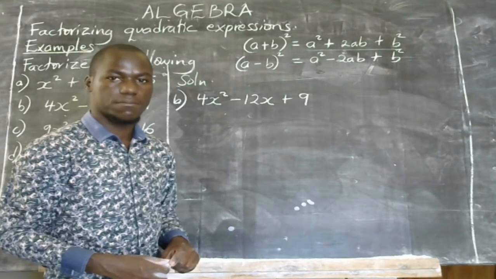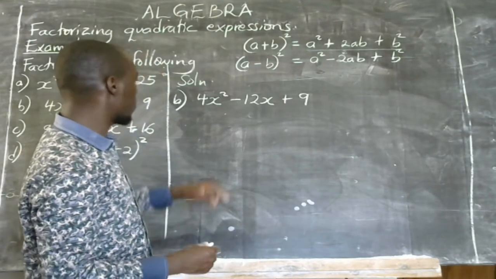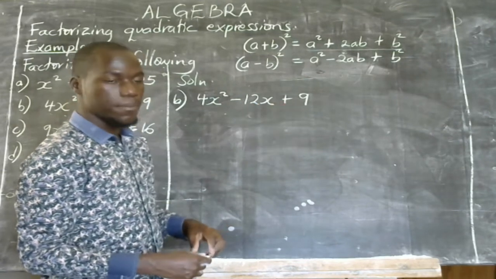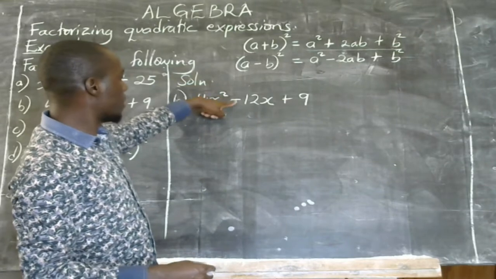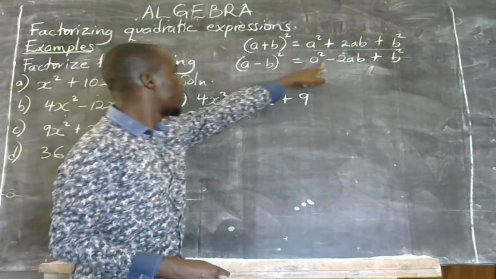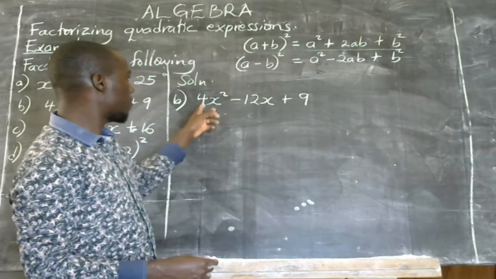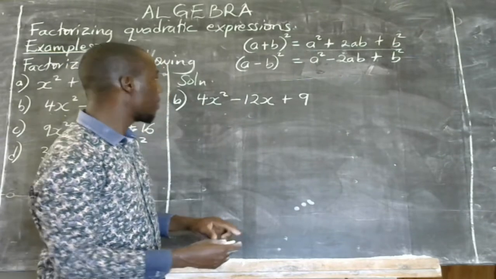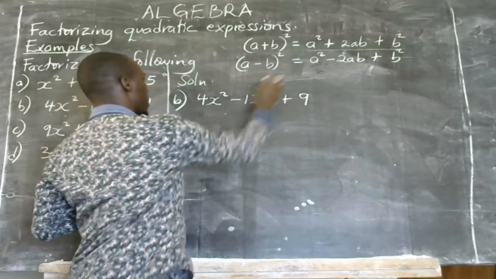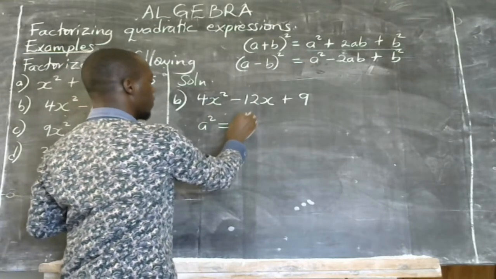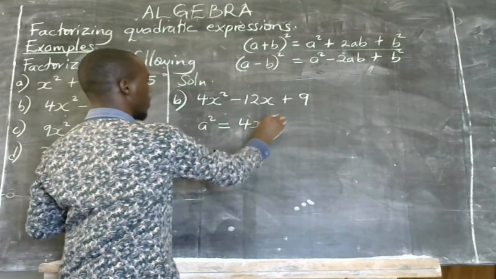My part B there, I'm having 4x squared minus 12x plus 9. So the identity that is having a negative there is the A minus B squared. Now I need to identify the A and the B. When I look at my A squared there, this one here is equal to 4x squared.